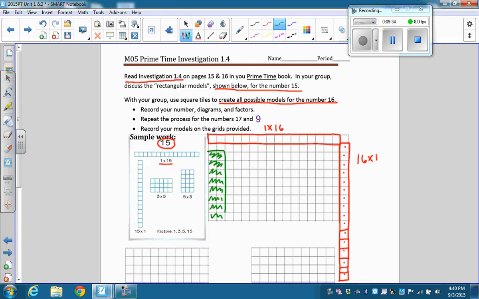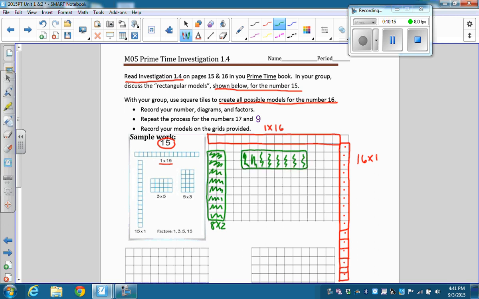So what's the dimension? 8, right, by 2. And then Alcy, how about the other orientation? Like that way? Yeah. So that's going to be an 8 by 2.